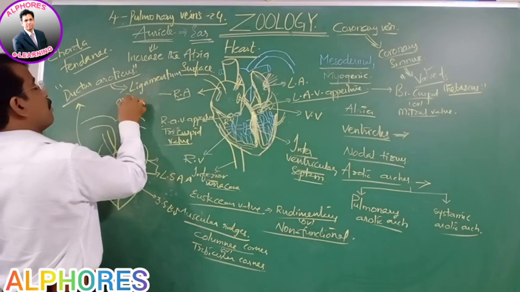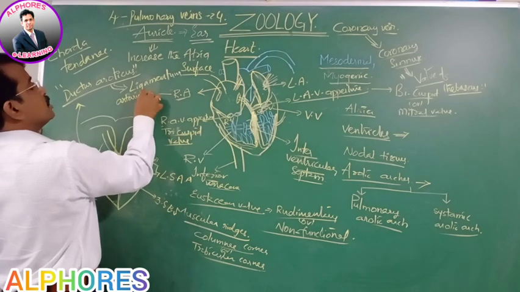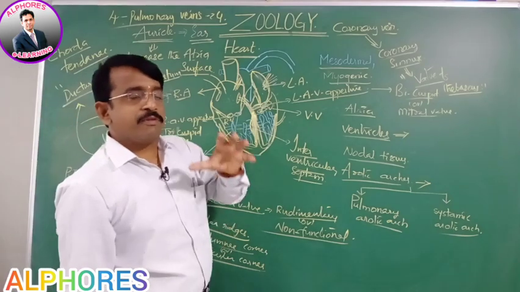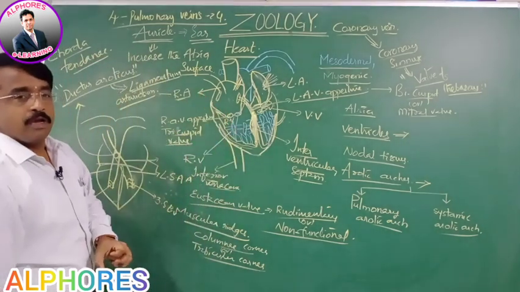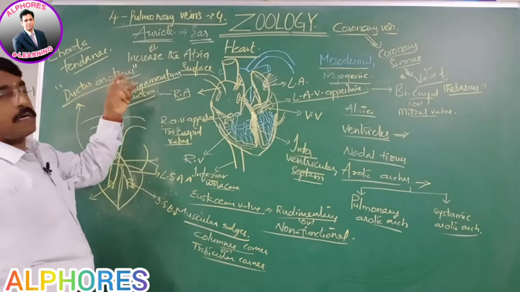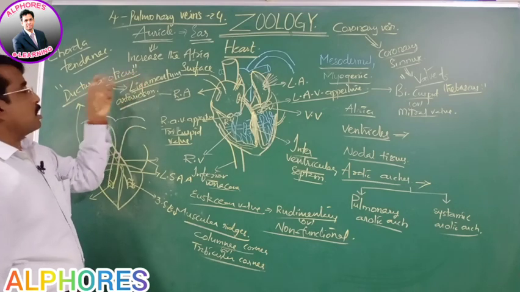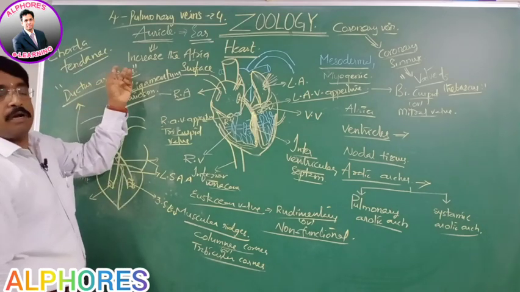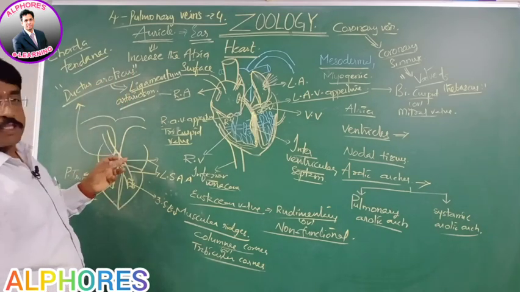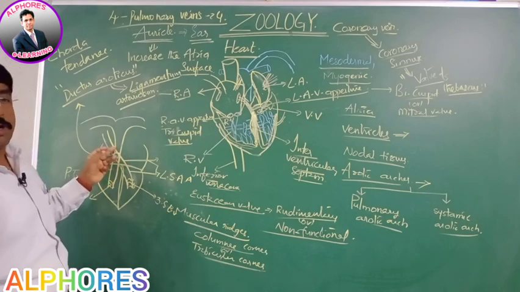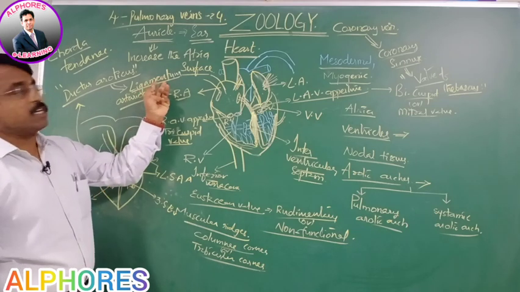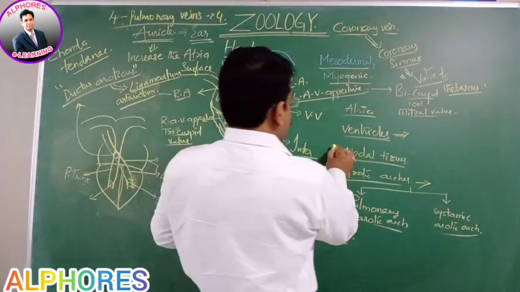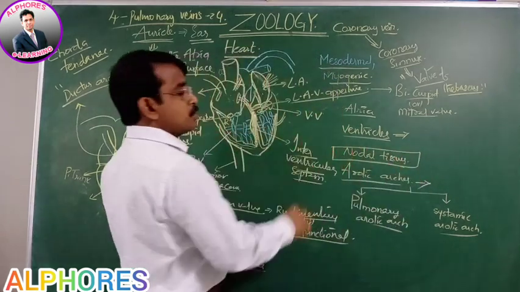So the ligamentum arteriosum is a fibrous strand, a modified ductus arteriosus. The ductus arteriosus is a blood vessel that connects the left systemic and pulmonary aortic arch at the embryonic stage, which becomes the ligamentum arteriosum. Next, after this, we go to the nodal tissues.